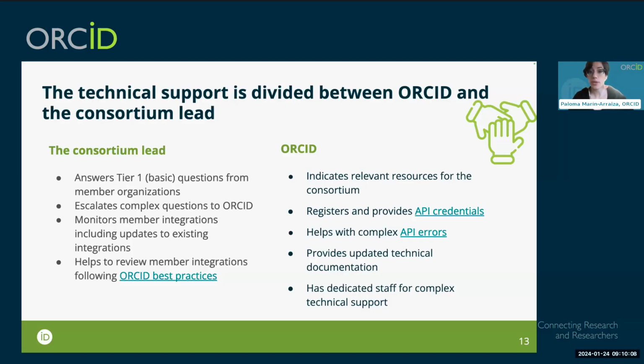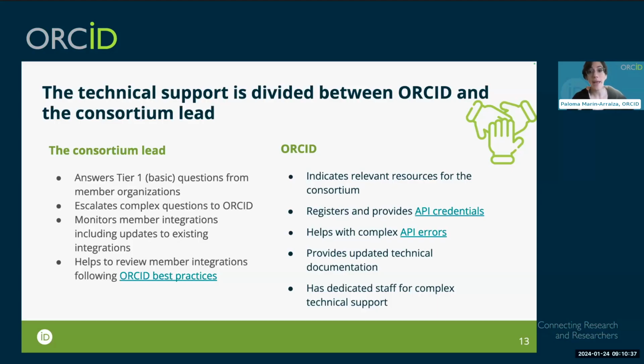When it comes to the ORCID team, we will indicate the relevant resources for the consortium. And we will also be in charge of registering and providing API credentials. Remember that when we provide production API credentials, we always need to use encrypted messages. So please, when you are in that phase, let us know.